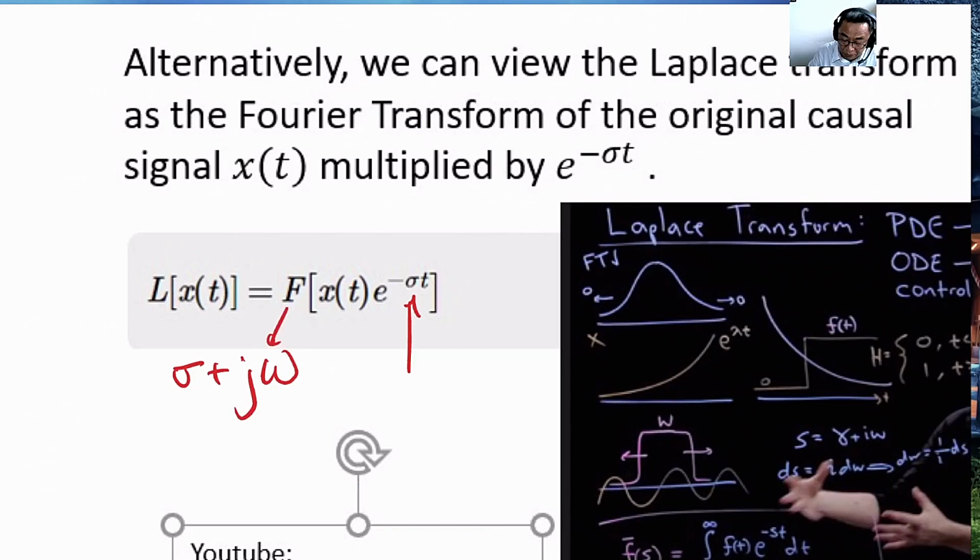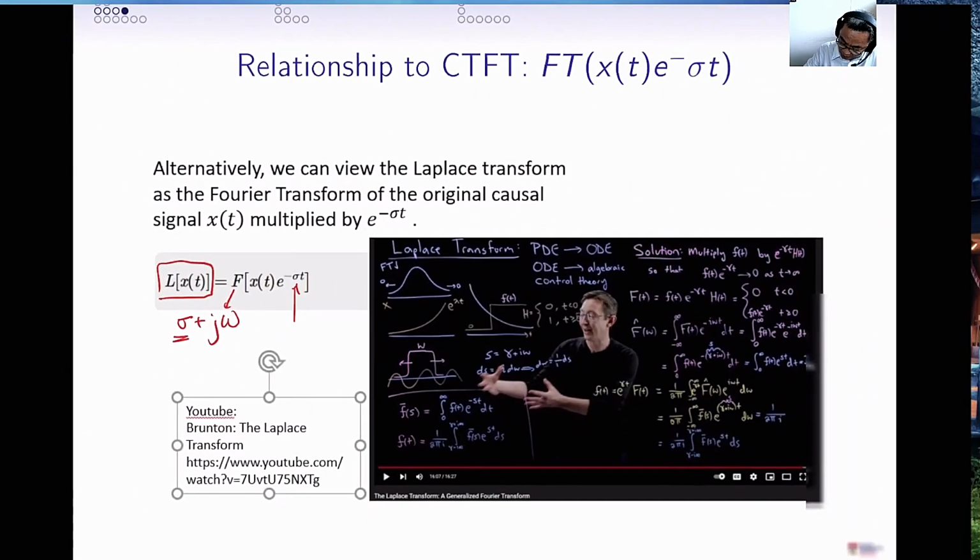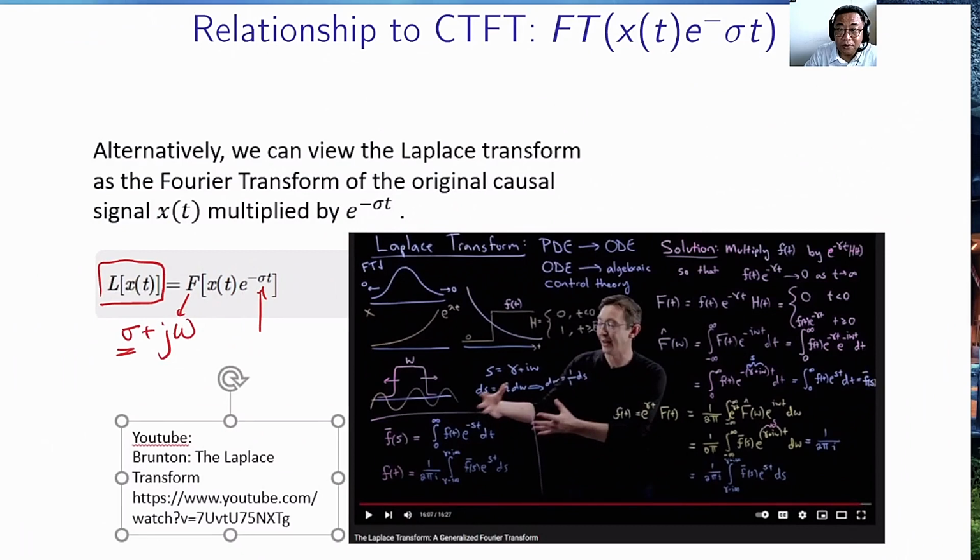Because Fourier deals with j omega, all we need to do is to multiply the signal by e to the minus sigma t, and when we take the Fourier transform, it is equivalent to the Laplace transform. So please go through this video and it will bring you a lot of insight into the Laplace transform.